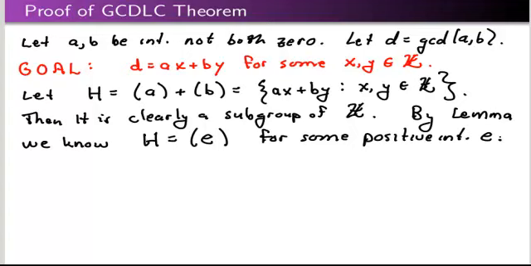In the lemma, we said non-negative, but we know that H contains non-zero elements, so there'll be some positive integer E here. And I claim that E must equal D.